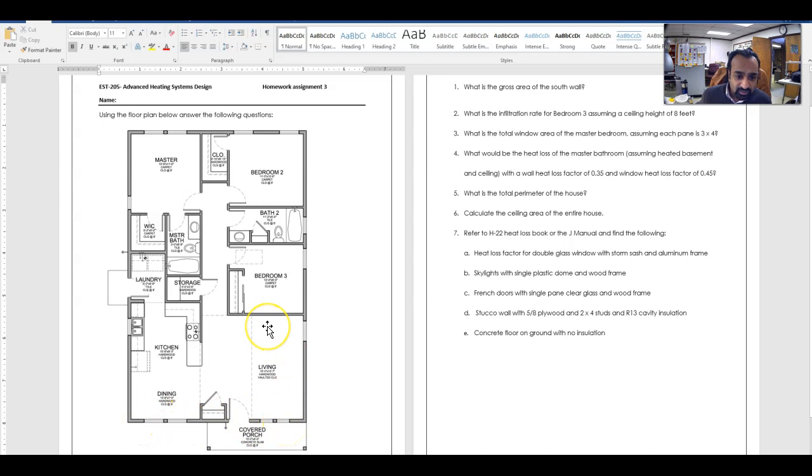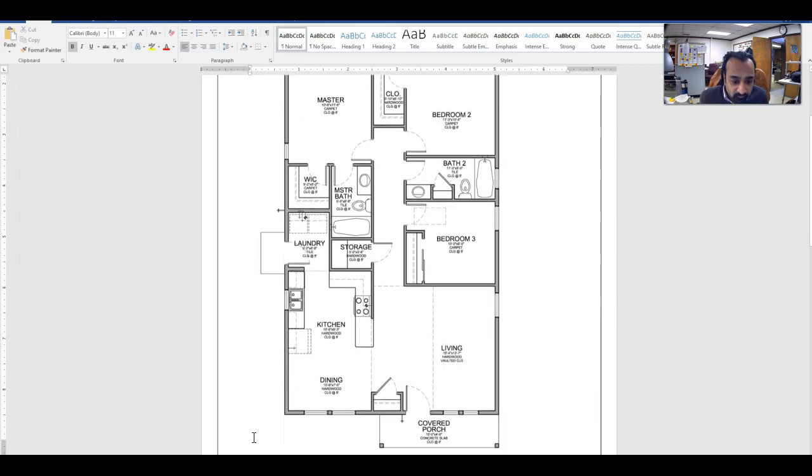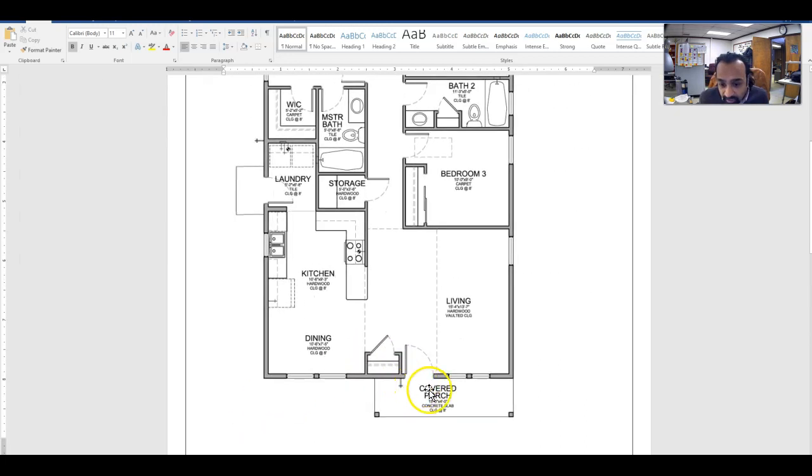And this floor plan is not very thorough. Not all the dimensions are there, so whenever you can, estimate to the nearest quarter of a foot. So what is the south wall? This is the south wall over here, and if we look at the dimensions, I'm going to enlarge it a little bit so I can look at it. The dimension from here to here is 15 foot.